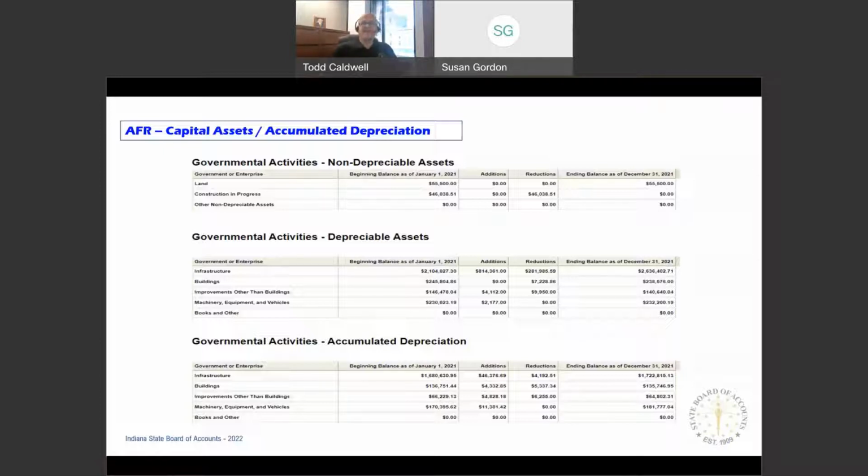Had they disposed of an asset that fell into the machinery and equipment, let's say they sold a truck, they would go into their capital asset records, and the acquisition cost of that truck that they had recorded, they would show that as a reduction in the reductions column, and then the related accumulated depreciation on that truck. Maybe it was fully depreciated, or maybe it had a couple of years left on it and they got rid of it anyway. The associated accumulated depreciation on that truck would pull out also, so it would come off.